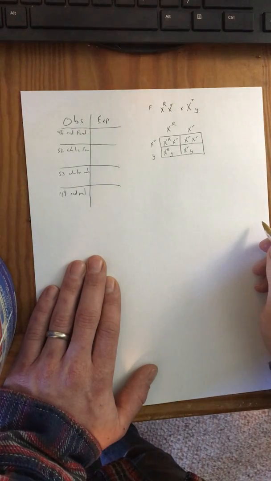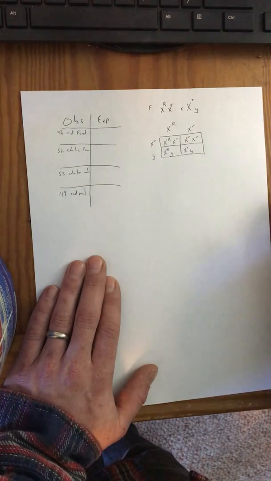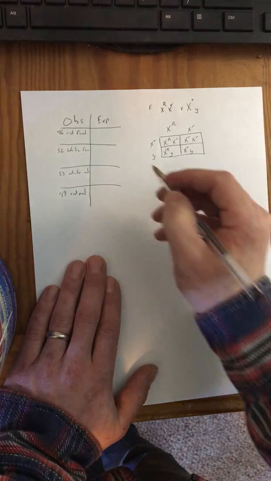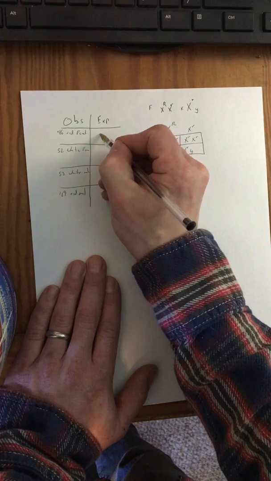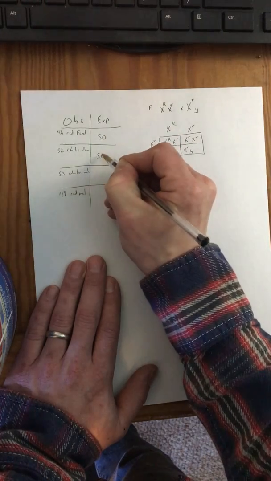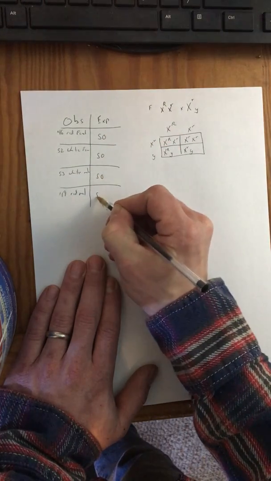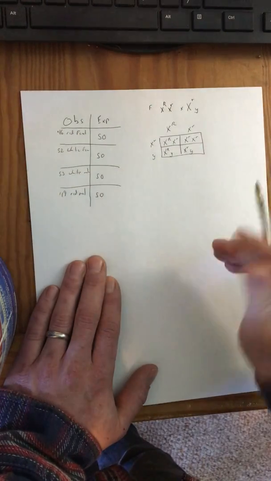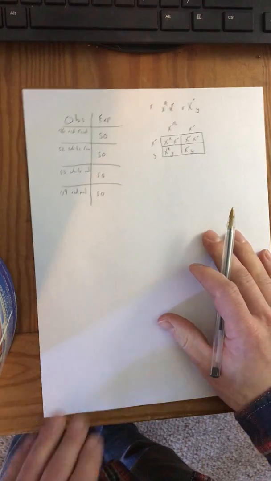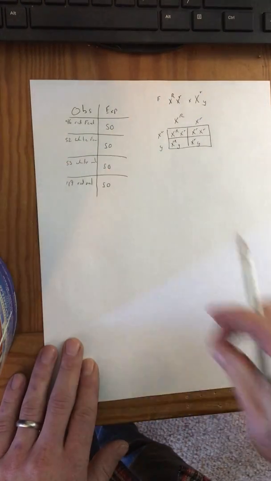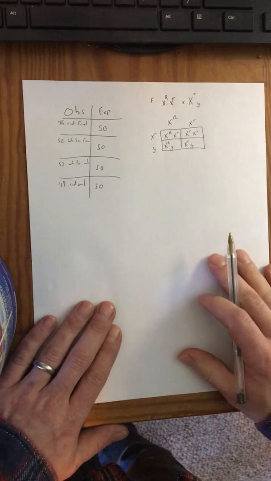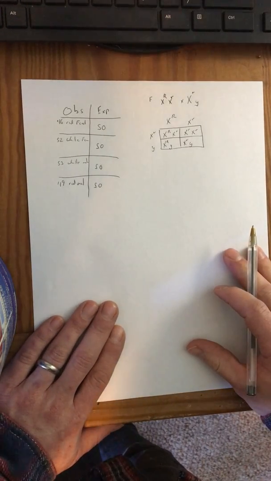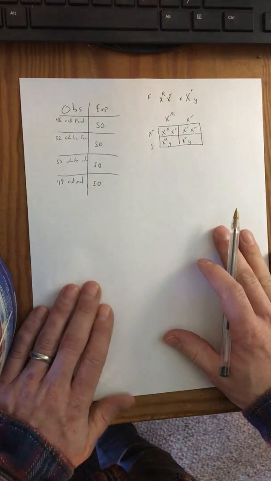So it looks like our expected would be a 25% chance of each, or a 1-to-1-to-1-to-1 ratio. If we multiply that by 200, that's 50. So we'd expect basically an even split between all the traits. And if you look, it kind of looks like she got that, but the chi-square is going to be used as a statistical means to say if there really is a difference between the observed and expected here, or if it just seems that way.